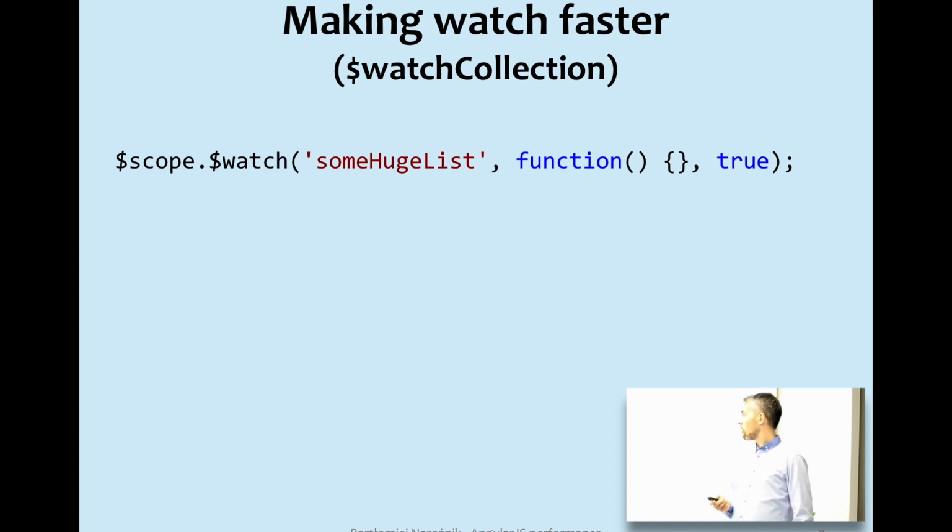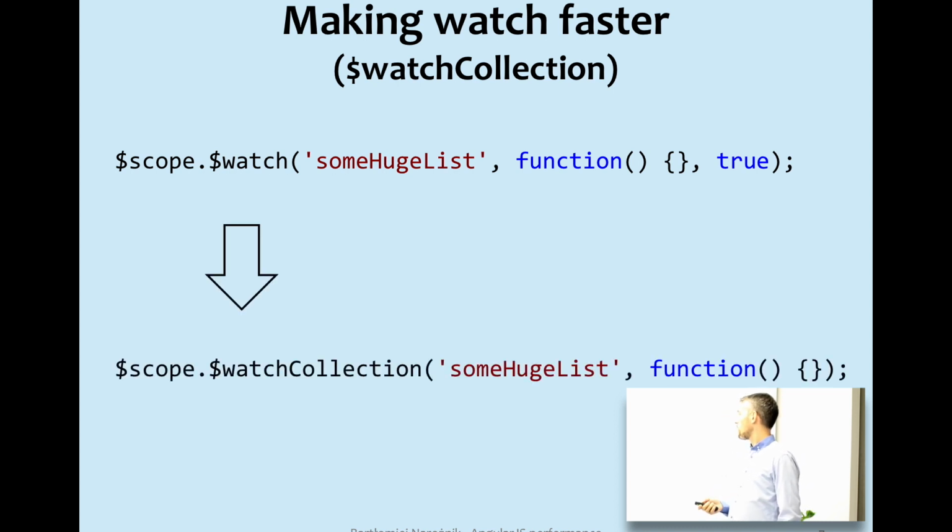So what we can do, we can use another function, watchCollection, and it differs from the first one. It only compares on the first level. So if we only care whether the collection itself has changed, if we don't care how elements have changed, it's good for us to use it.